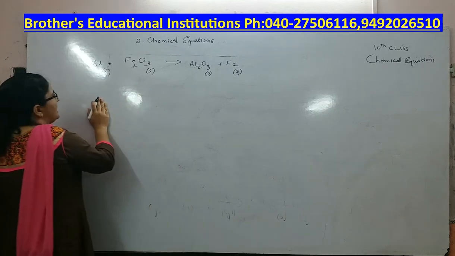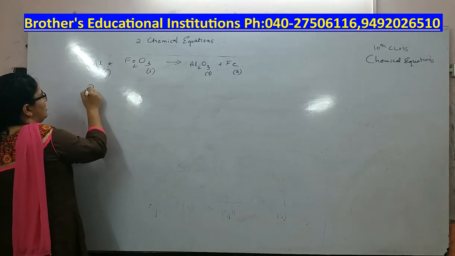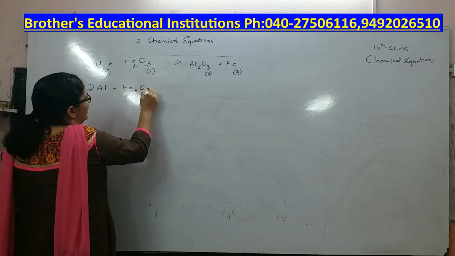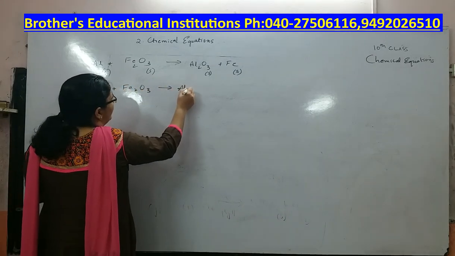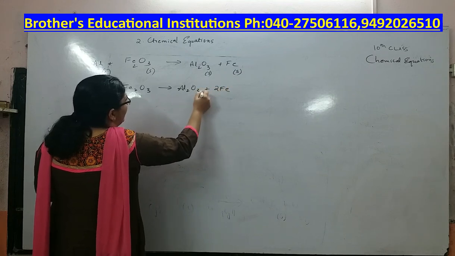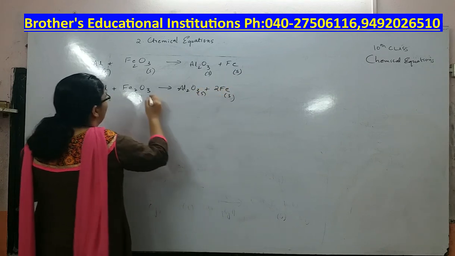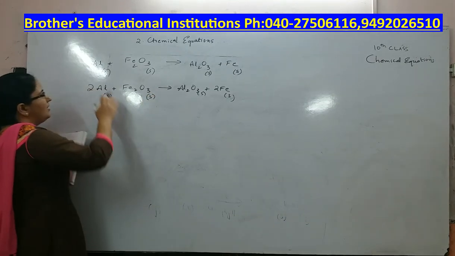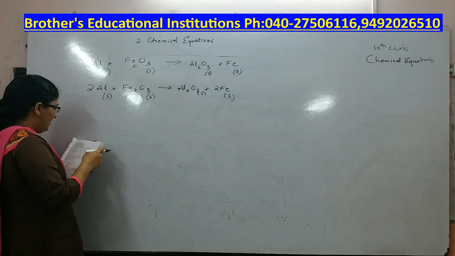First of all, we'll balance this equation: 2Al plus Fe2O3 gives rise to Al2O3 plus 2Fe. This is a balanced chemical equation. You are given an unbalanced chemical equation, and we are balancing it.